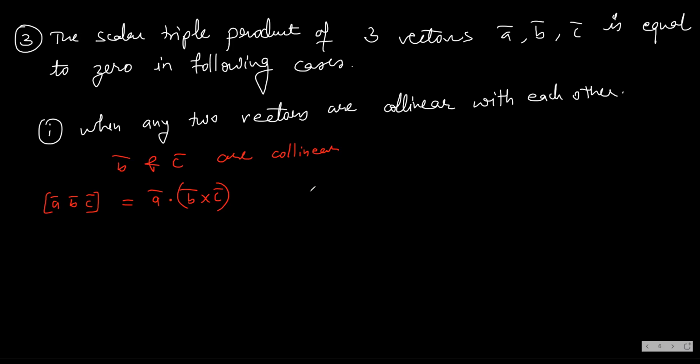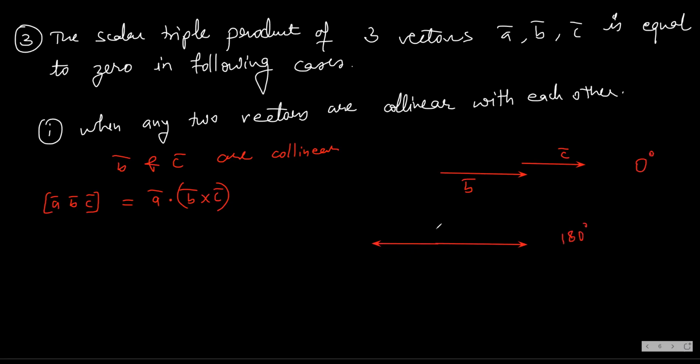But suppose you have B bar and C bar collinear but in opposite direction. This is B bar and here you have C bar. Now when you have them in opposite direction, what is the angle? The angle is 180 degree and here the angle is 0 degree.